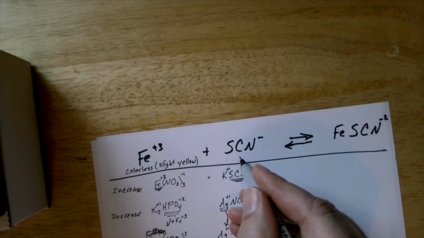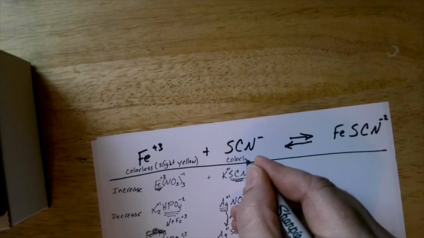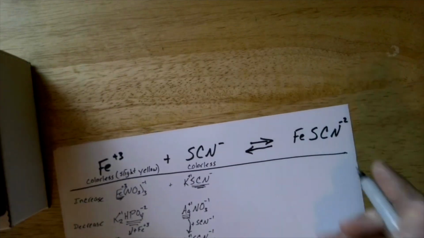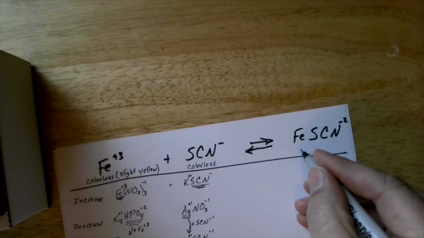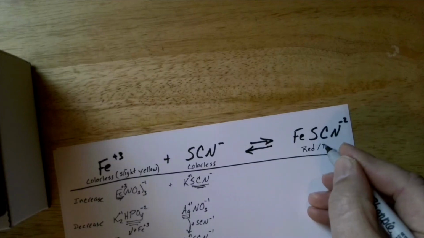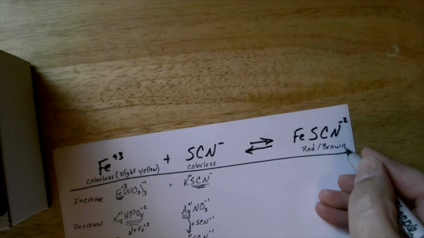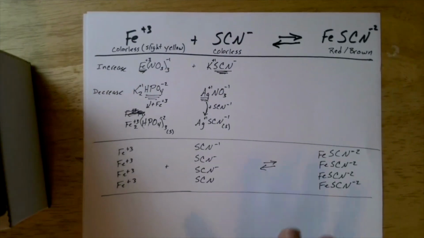The thiocyanate is colorless, looks like water. The iron thiocyanate is a very deep red brown, almost like a blood color to it, or like a rusty reddish brown color to it.